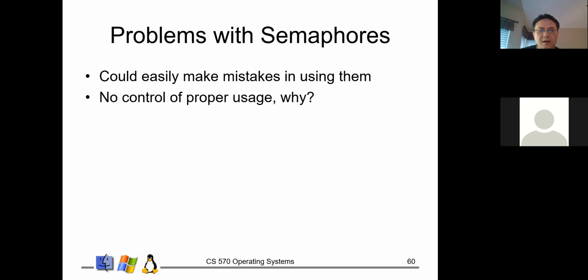The problem with semaphores is that there is essentially no control of proper usage. Essentially you're just using the wait and signal primitive operations, decrementing and incrementing the semaphore integer to track the number of available units of a resource.